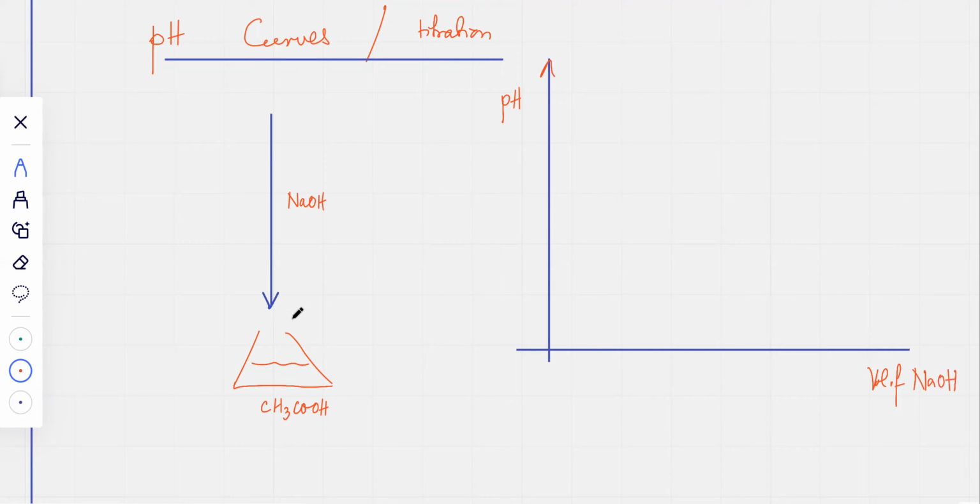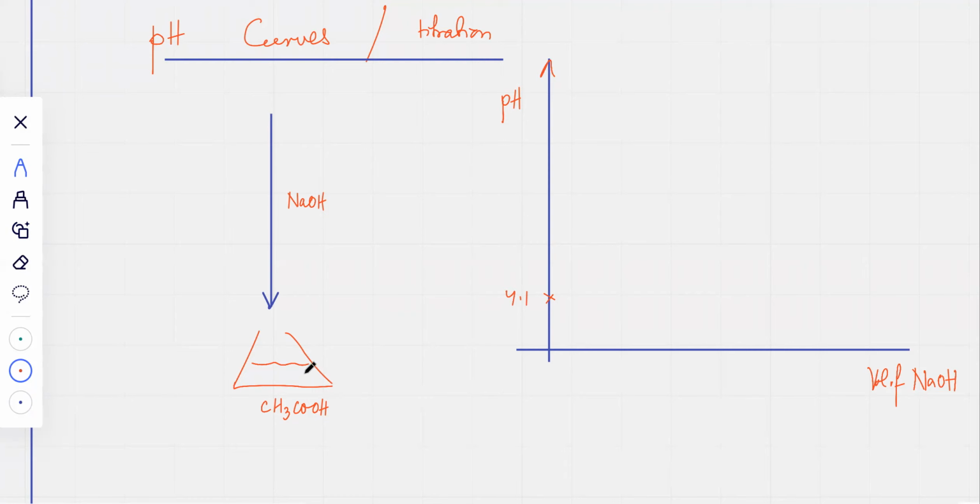So you'll have 3 points. At the start, what's the pH? It's going to be acidic, right? Because you have an acid in it. So when no NaOH was added, the solution was acidic. Maybe it's a weak acid, let's call it 4.1. I'm just using made up values.